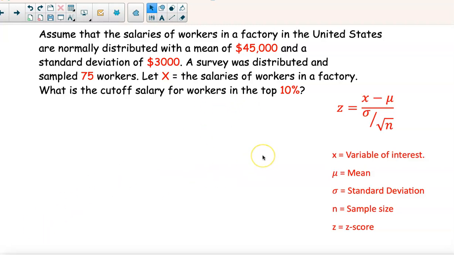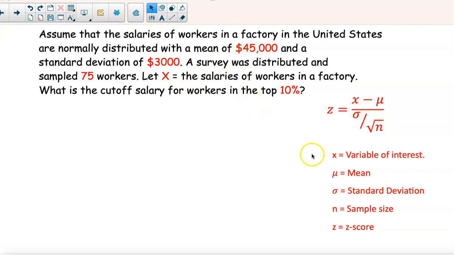Okay. So to solve this problem, I have a formula here. It says Z is equal to X minus mu over sigma divided by square root of n. And what are these? This X is the variable of interest. That is, you are going to find that particular number. What is the salary of the top 10 percentile?